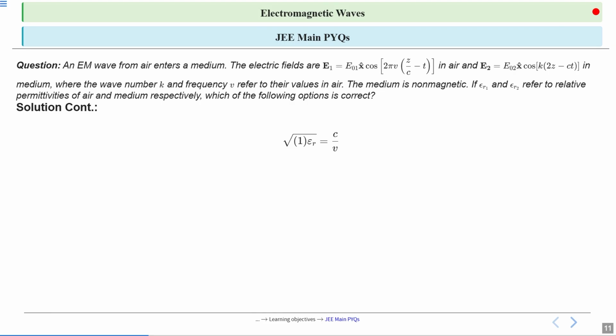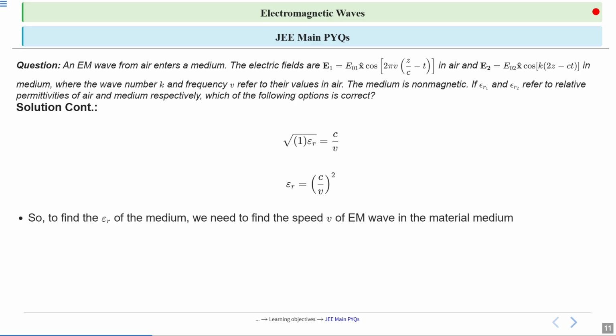So root epsilon r will be equal to c upon v, and epsilon r will be equal to c upon v whole square. So to find the epsilon r of the medium, we need to find the speed v of the EM wave in the material medium.